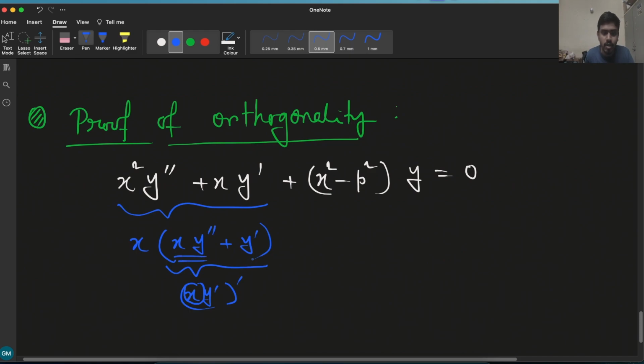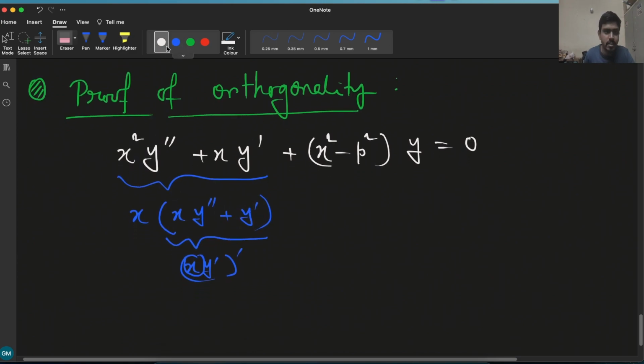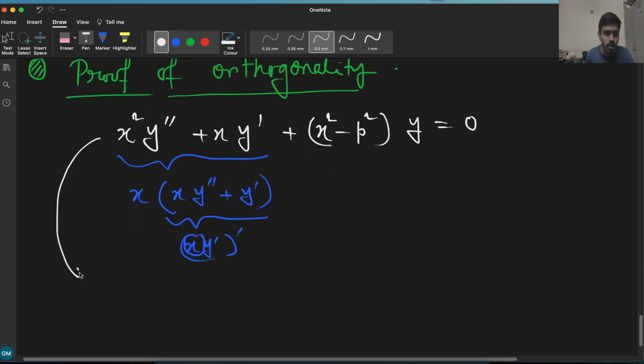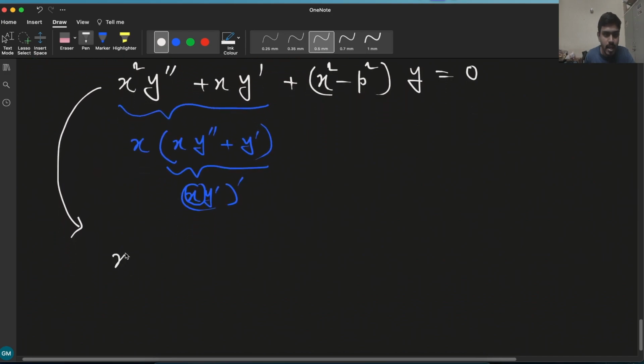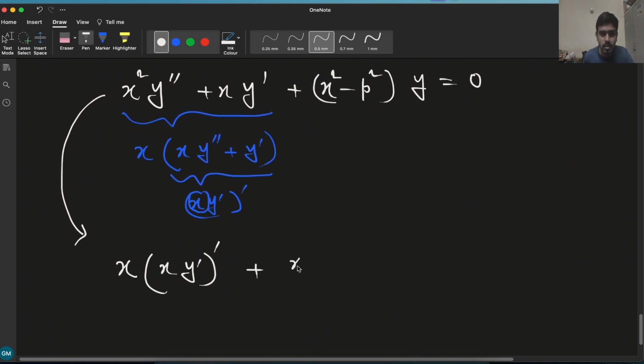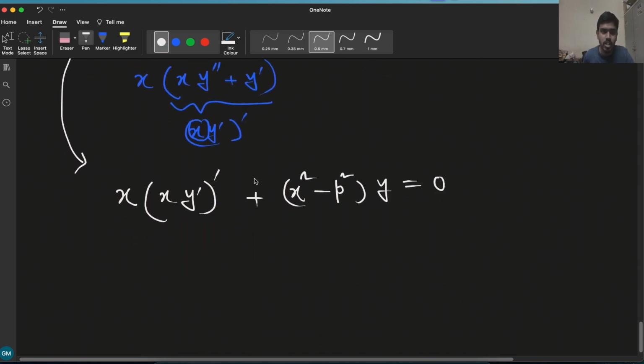And for the next term, if I take y dashed intact and differentiate x with respect to x, then it will be 1. So as a result, I can write this equation as x times (x y dashed) whole dashed plus (x square minus p square) times y equals to 0. This is the Bessel differential equation.